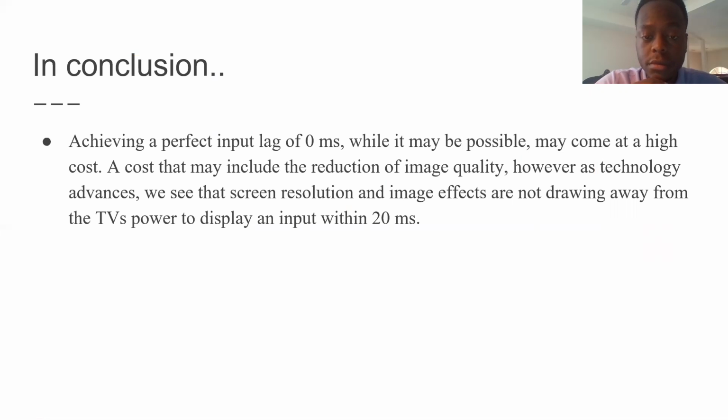However, the average input lag of a television, as we saw on the chart before, was so low that the human eye can only detect a certain number of frames that the image is processing and putting on your screen per second.